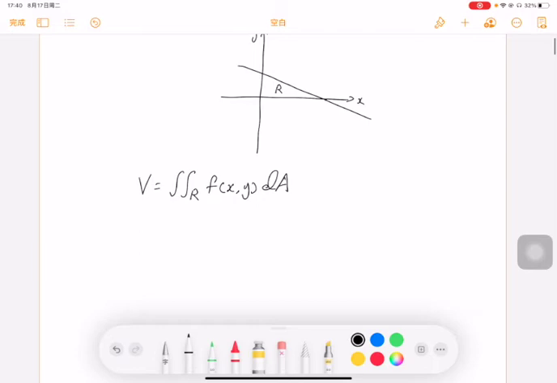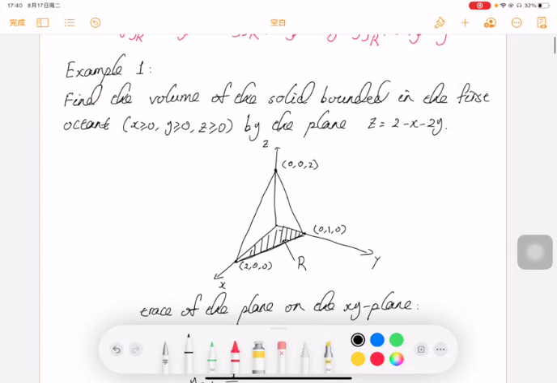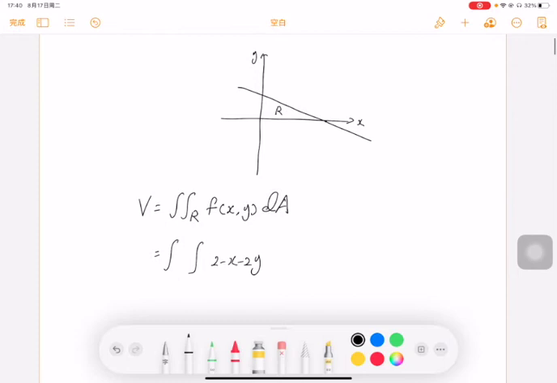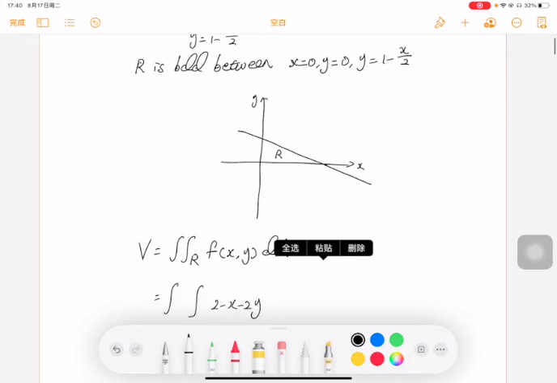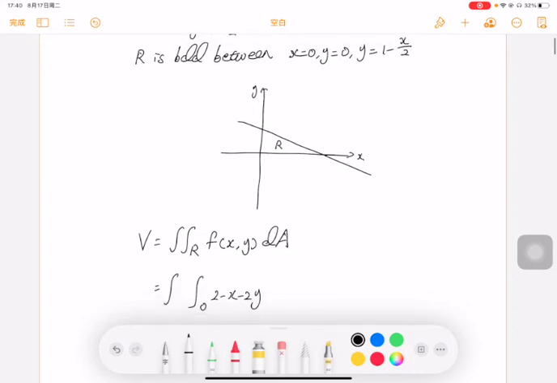Now, f of x, y we know is 2 minus x minus 2y. Now we characterize this region R by y between 0 and the function 1 minus x over 2. So we get 0 to 1 minus x over 2.